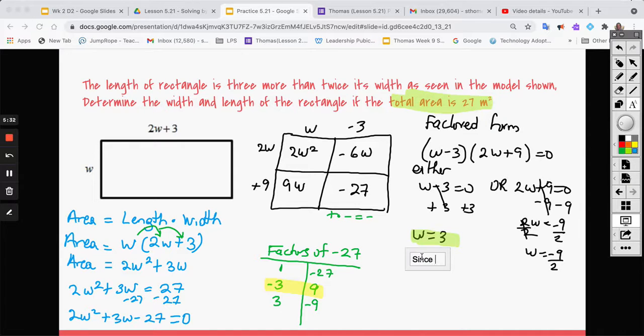So since width and length cannot be negative, the width is 3 and the length is 2 times 3 plus 3, which is going to be equal to 6 plus 3, which is equal to 9.